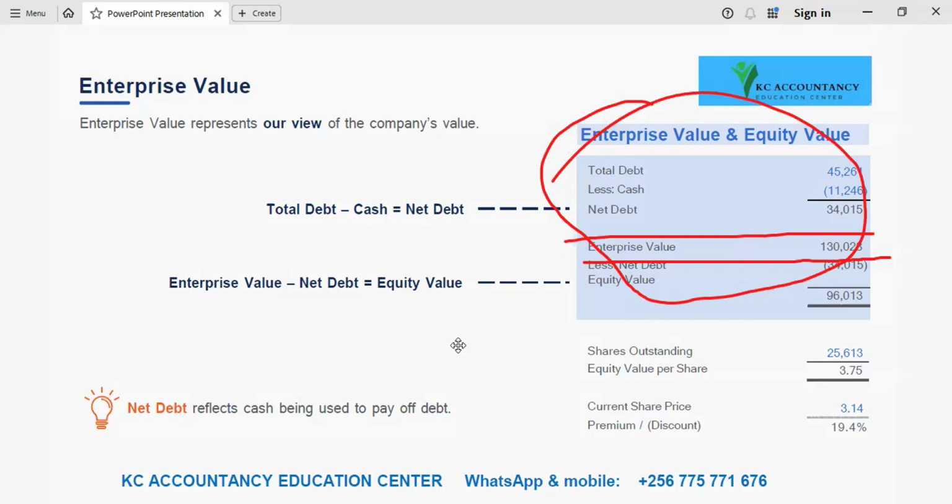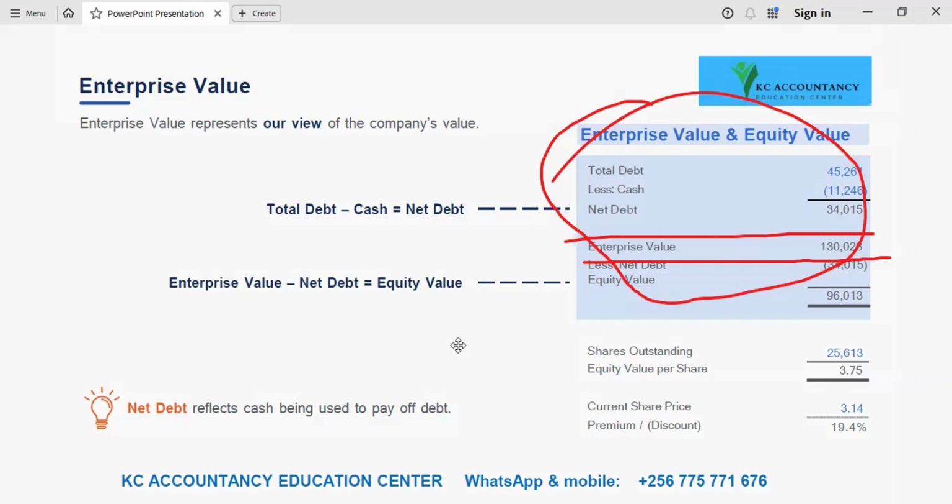In other words, we are the ones who've computed this, who have done the valuation. So we've gotten our enterprise value as per our computations. That is going to represent our view of the company's value.